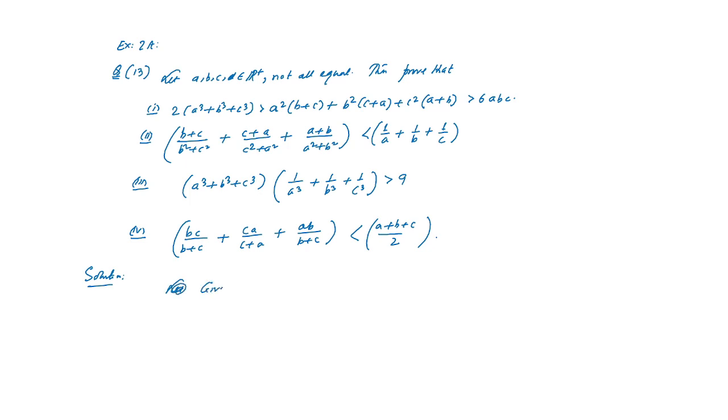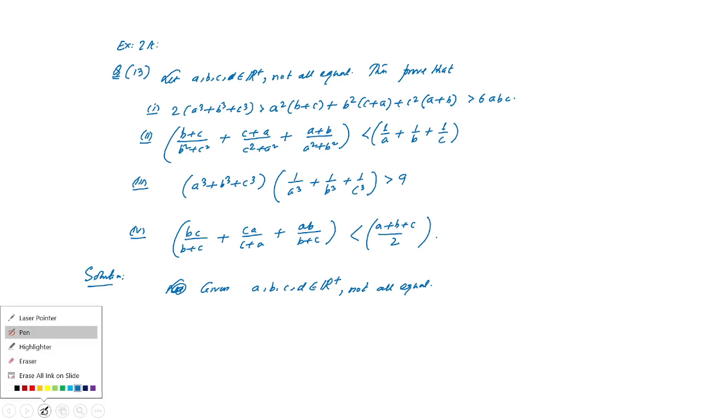Given a, b, c, d all are positive real numbers, not all equal. So that means since they are not equal, whatever inequality we use will not have an equal sign. It is either less than or greater than sign.